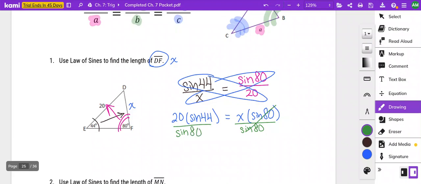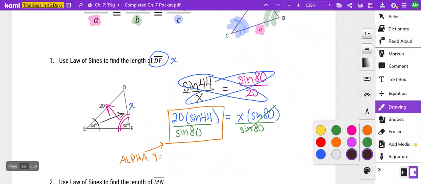And now in my graphing calculator, I'm going to type this in exactly how you see it. So 20 sine 44 over the sine of 80. And that is your value for x, which is 14.107.